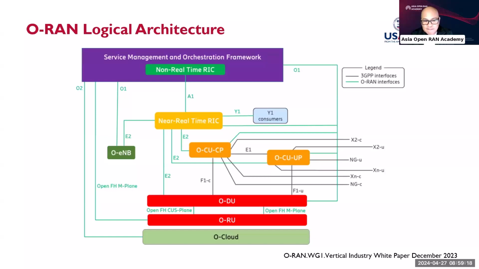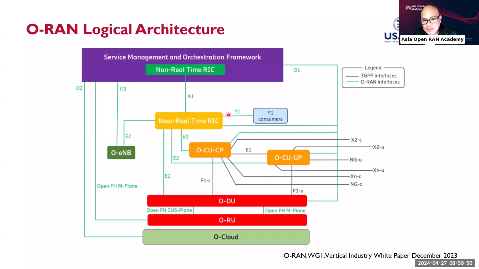This handles the deployment and configuration, as well as the collection of the RAN functions. And then it contains the non-real-time RIC, which processes information of more than 1 second. And then there are also what we call the rApps that are embedded in this system.